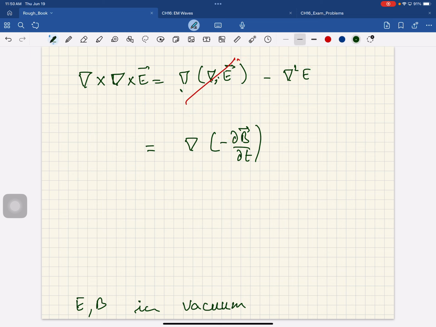Now, this is a derivative with respect to x, and this is a derivative with respect to t. So you can switch their order. So this is equal to minus del by del t, curl of B.